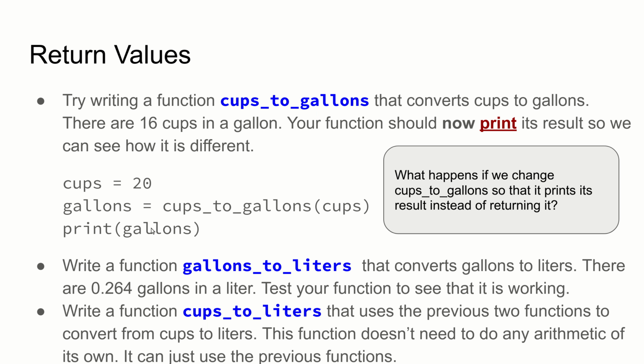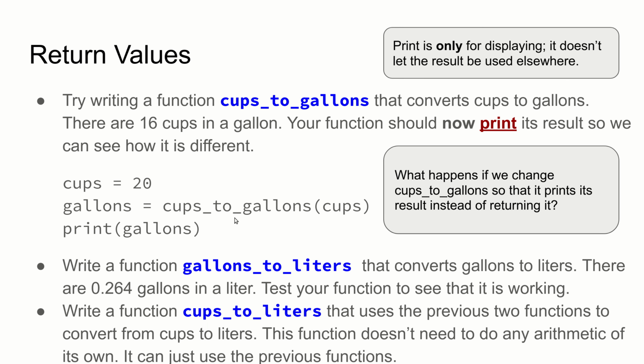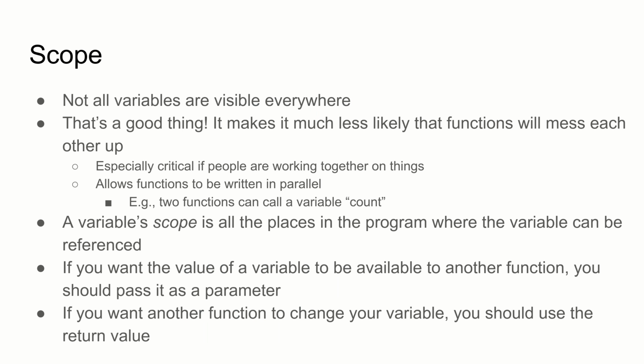And if I tried to do math with the gallons variable, I would be adding, subtracting, multiplying, or dividing from None, which is undefined and in fact can cause errors and cause our program to crash. And then we also wouldn't be able to build into these later things that we want to create. So printing, again, is only for displaying. It doesn't give you a result that you can use elsewhere.